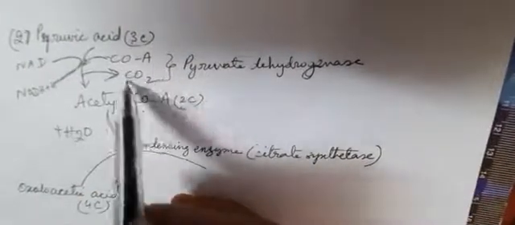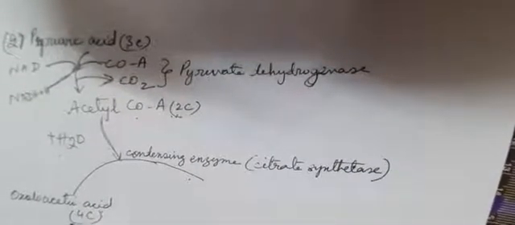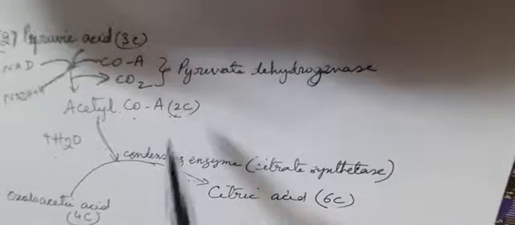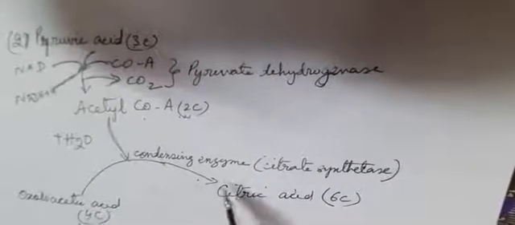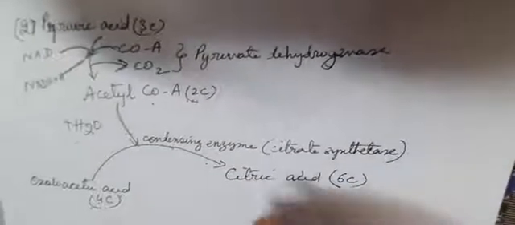So this was 3 carbon, 1 carbon is lost in the formation of carbon dioxide, so it will become a 2 carbon compound, and then in the presence of a water molecule, acetyl coenzyme A, the 2 carbon compound, will combine with the 4 carbon compound, and it will become citric acid or citrate, which is the 6 carbon compound. So 2 carbon from here, 4 carbon from here, it will make the 6 carbon compound. Again we'll get 2 molecules here.